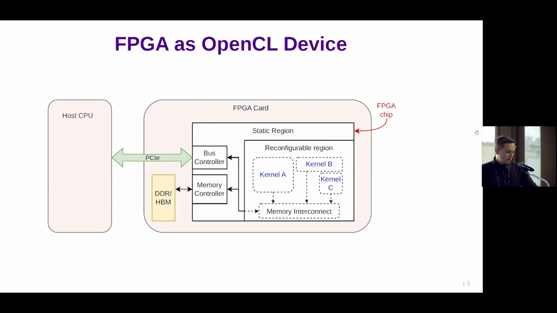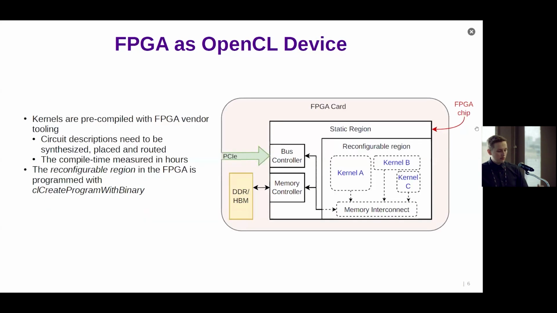Typically OpenCL implementations for these PCI cards are split into a static and a reconfigurable region. The static region contains some boilerplate logic related to the external interfacing. And then the reconfigurable region is the actual OpenCL program. When you compile an OpenCL program, the kernels in it get synthesized into hardware descriptions, and you generate the FPGA configuration bitstream out of those.